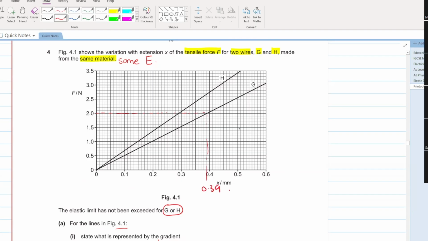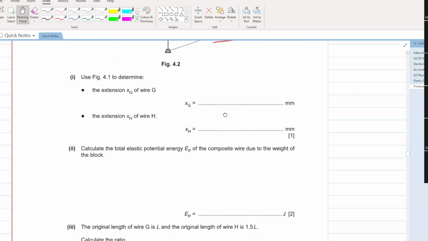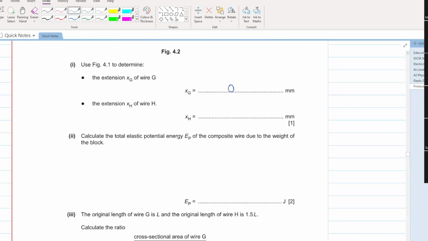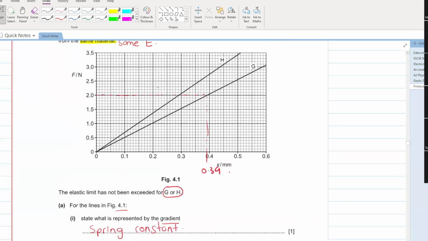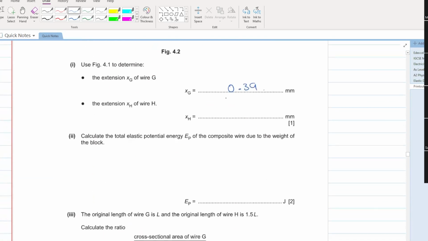So if wire G has a force of 2 newton, it will have an extension of 0.39 millimeter. Now if your wire H has a force of 2 newton, what will be the extension? This will be 0.29. Let's write it here, 0.29.